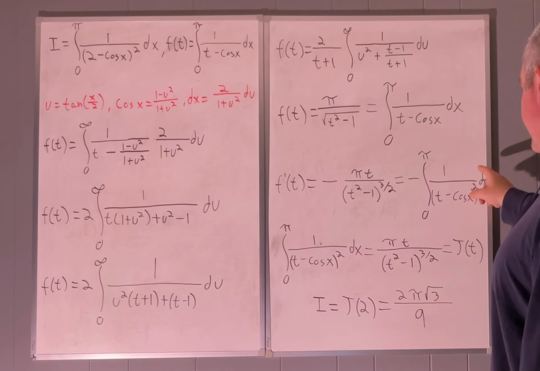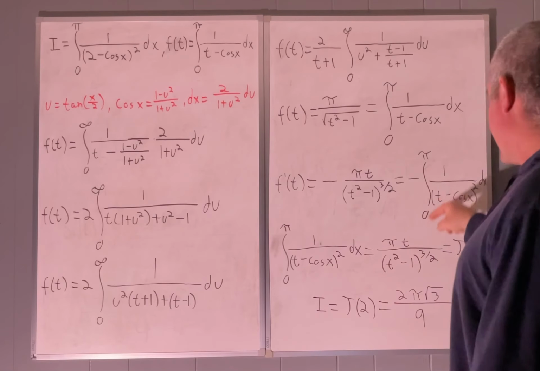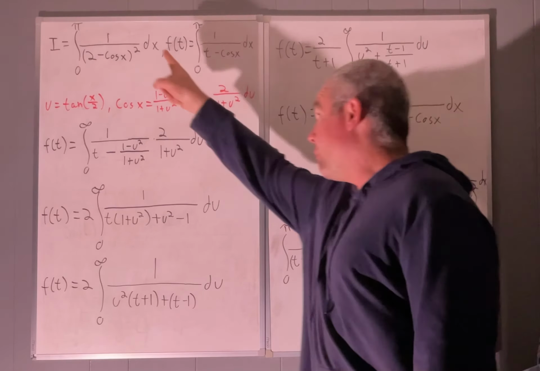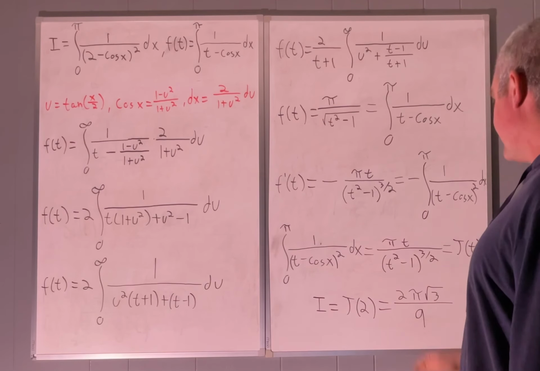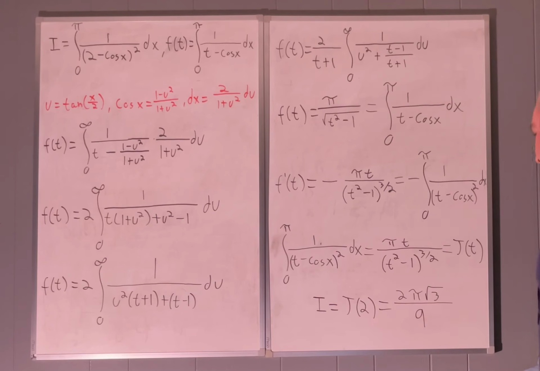Then all we have to do is multiply both sides by negative 1, and we get that the integral from 0 to pi of 1 over (t minus cosine x) all squared dx, which is what we wanted, well, almost what we wanted, is equal to pi t over (t squared minus 1) to the 3 halves.